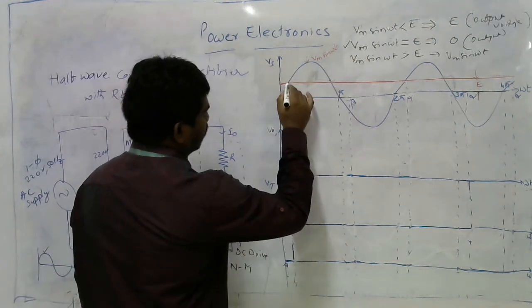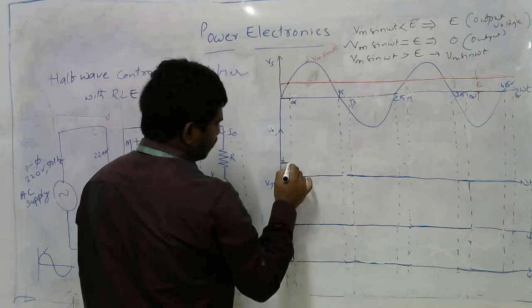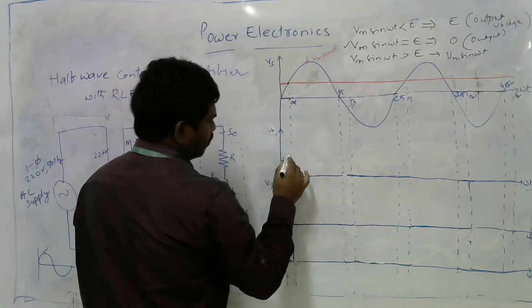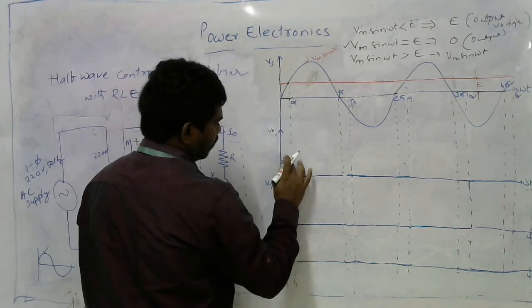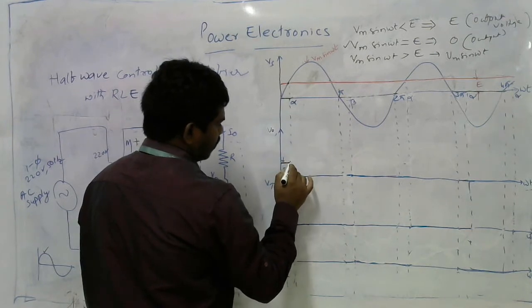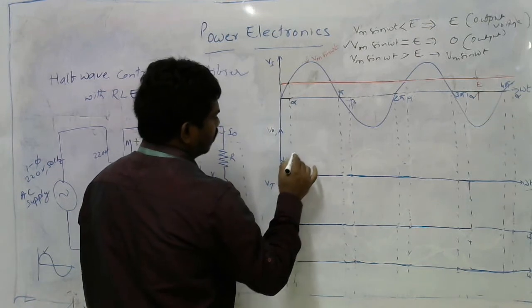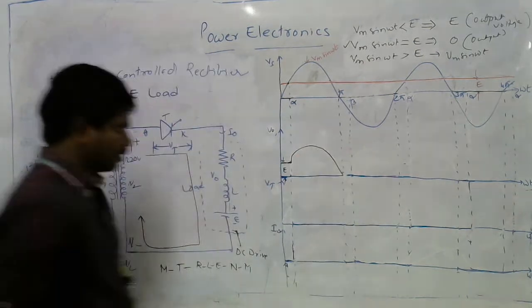After that, once alpha is reached, the input is dominating and we have the voltage like this.